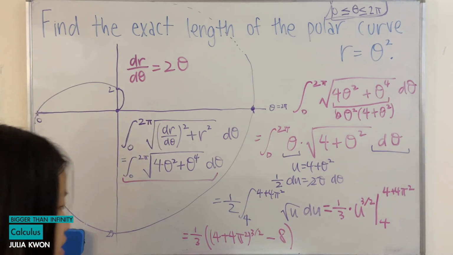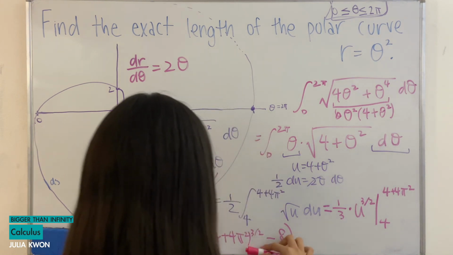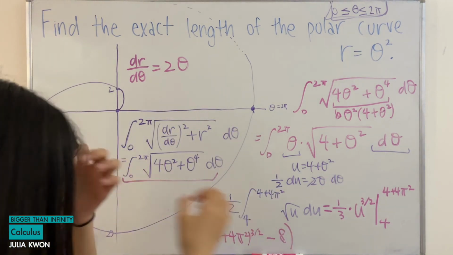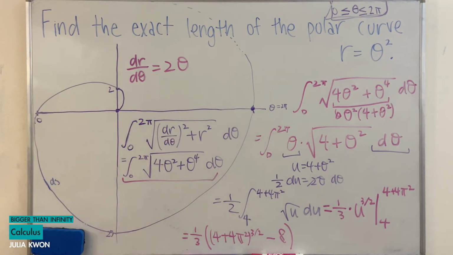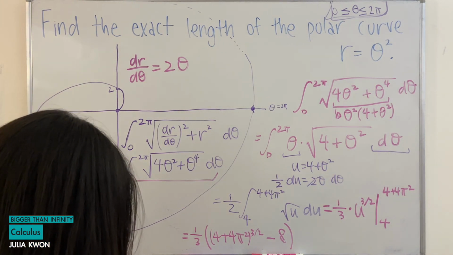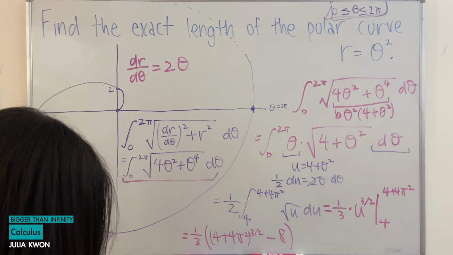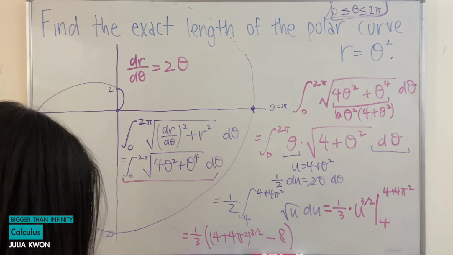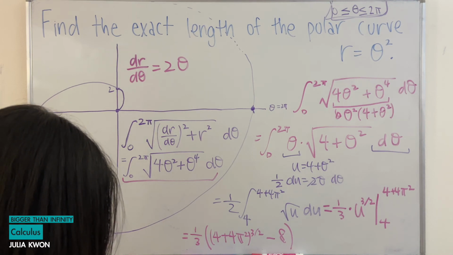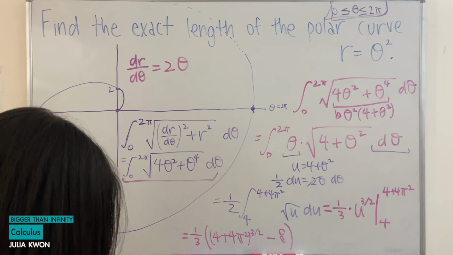And then of course, if we wanted this in decimals, we could approximate this with our calculators. Okay, let me just calculate this really quick. 1 divided by 3, all multiplied by 4 plus 4 pi squared to the power of 1.5, subtracted by 8.